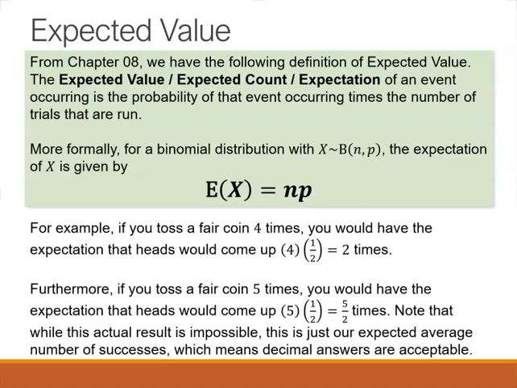If we change it to 5 times, I'd expect to get 2.5 times getting heads. Is it fine that that doesn't really make any sense in the context of the problem? Yes, expected values don't need to be realistic in terms of unit, right? 2.5 times of getting heads is fine for expectation.